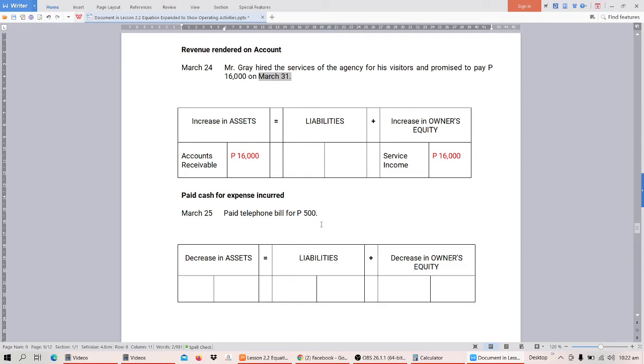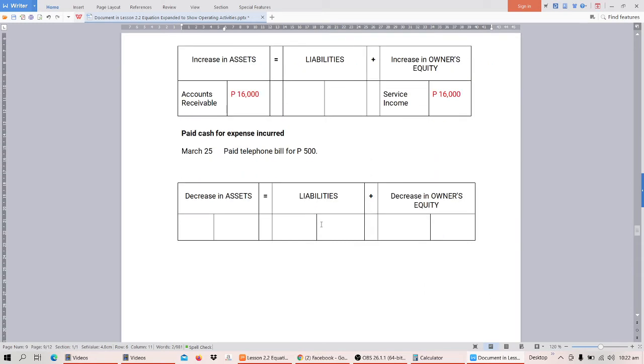Okay, so what will happen to your asset now? There will be a decrease in asset. So decrease in cash by 500 pesos. And at the same time, a decrease in your owner's equity in the form of utilities expenses.